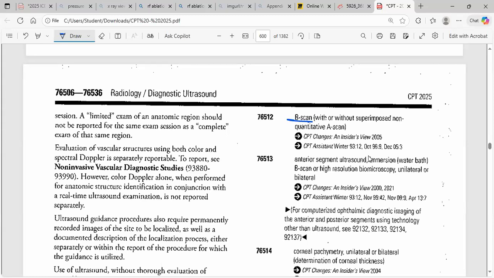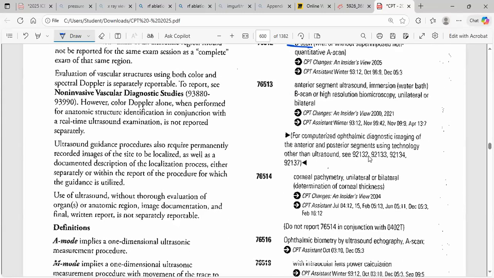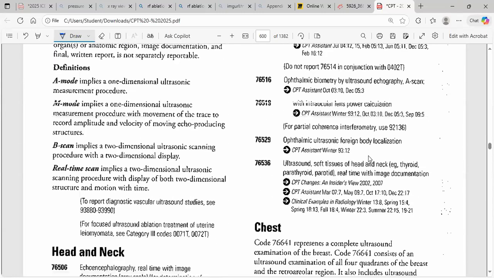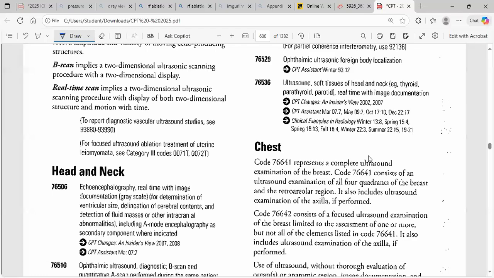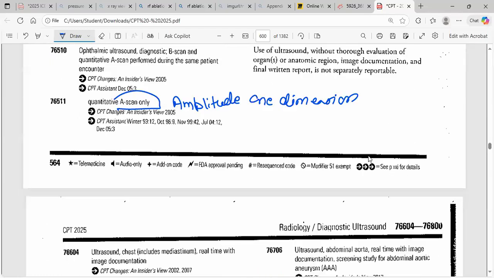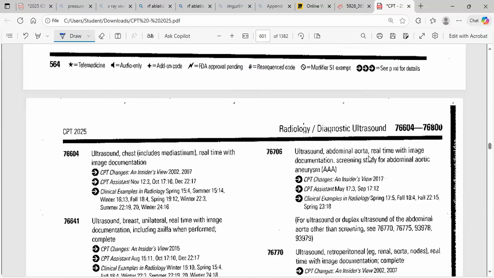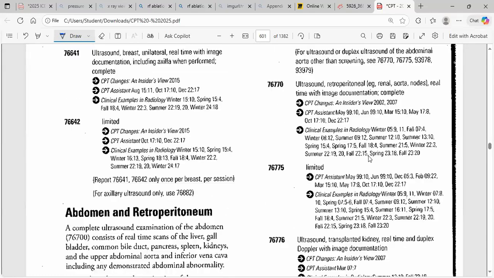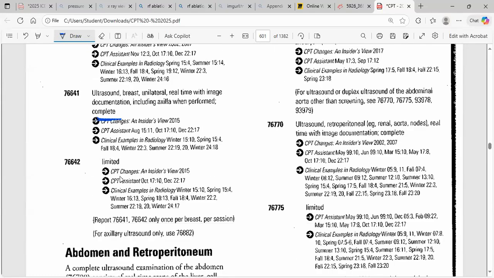Also, a few ultrasound codes are based on limited and complete. So let me show you the limited and complete. You can see here, this is complete, this is limited. This one is for the breast.